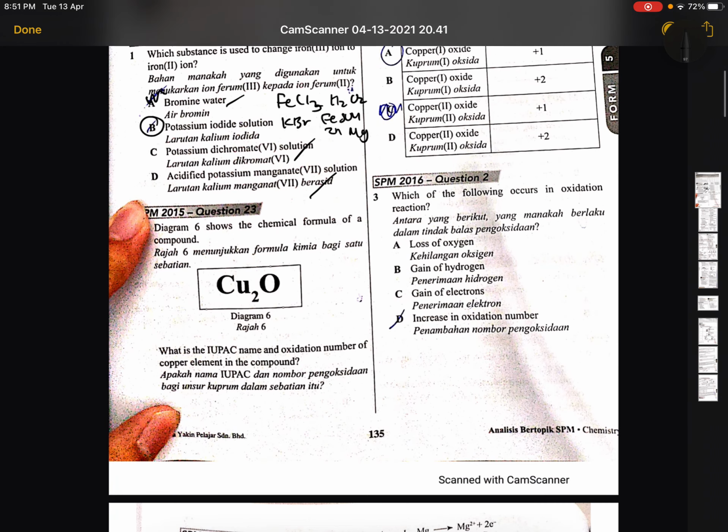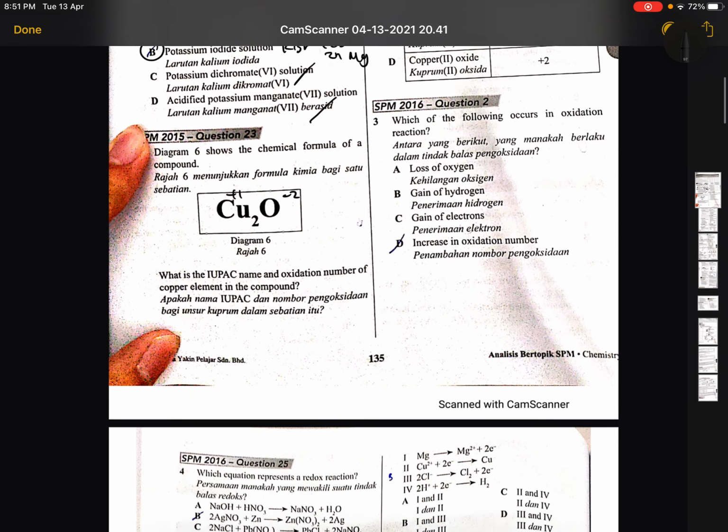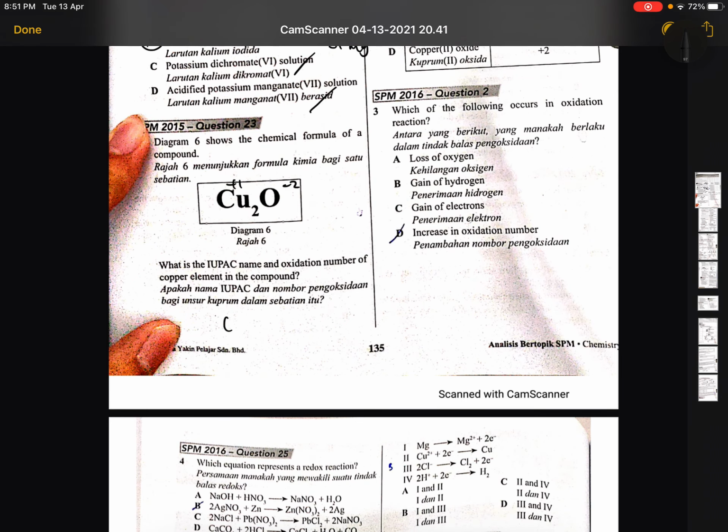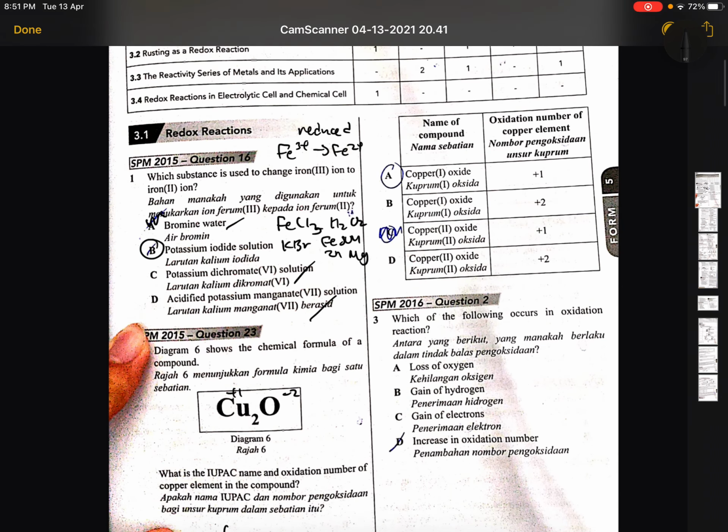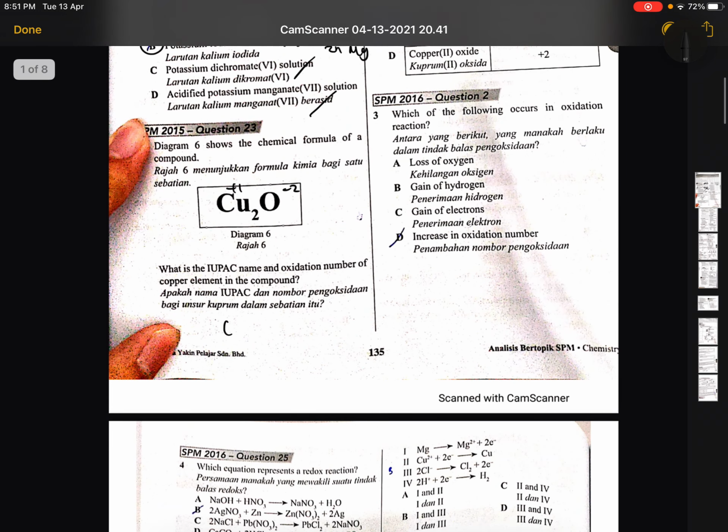Okay, number 2. What is the IUPAC name and oxidation number? Since oxygen is always -2, copper is +1 times 2, so it's +1 and -2. So it's copper(I) oxide with an oxidation number of +1. Which of the following occurs in oxidation?